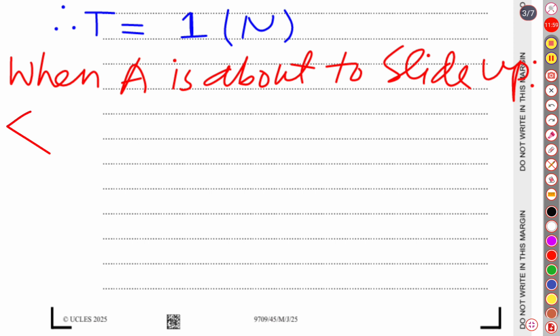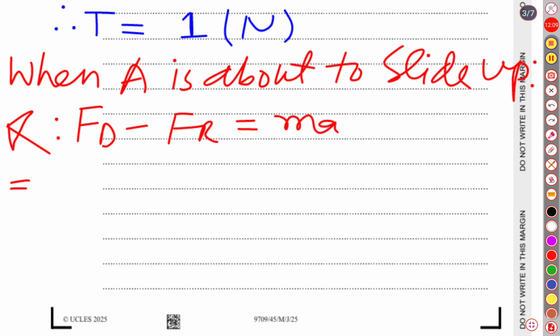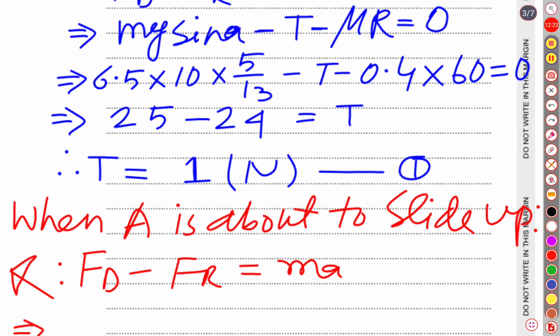It is going up. So driving force minus resistance force is equal to mass into acceleration, the same concept. Now let us see what the driving force is, and we can leave this as equation number 1, the first tension. Then let's see what the driving force is when the particle moves up.